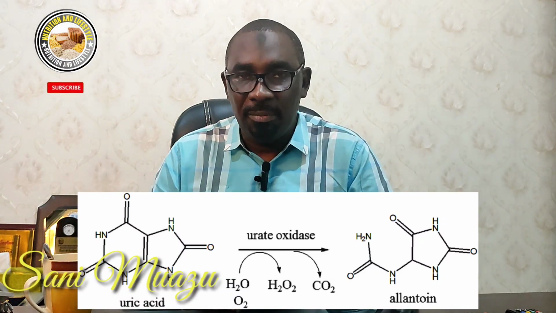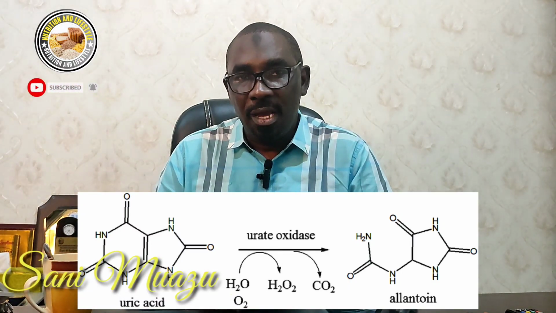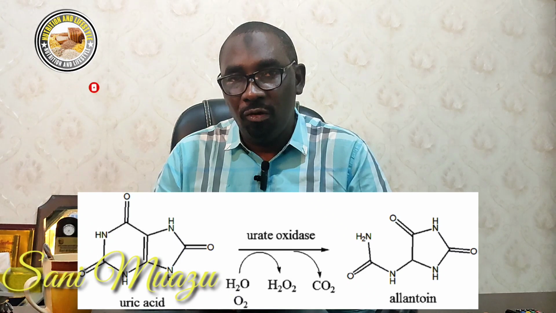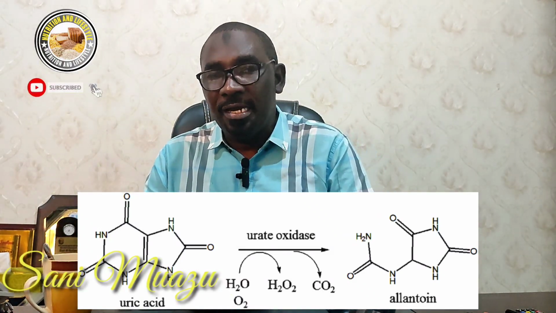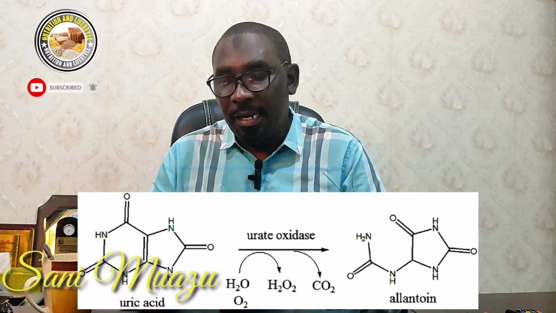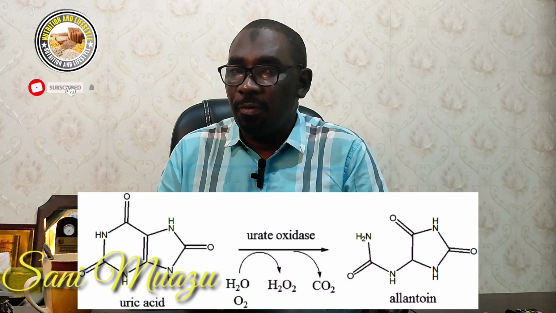In some humans, about 1 to 2% of the world population, do not have the enzyme uricase, or urate oxidase, that is supposed to convert this uric acid to allantoin. And I told you allantoin is the soluble product which is supposed to be obtained from uric acid. Once it is obtained, it is excreted through urine.